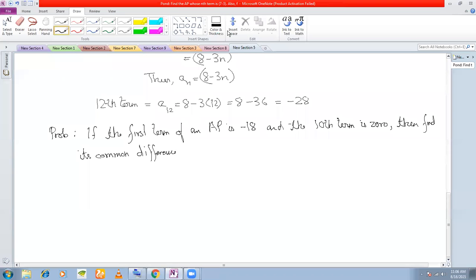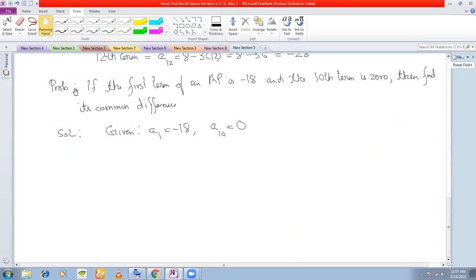So what is given here? We first write down what is given. The first term of the AP is given. So given here is A1, the first term, minus 18. What else is given? The 10th term is given. And A10 is also given to be 0. We need to find out D.